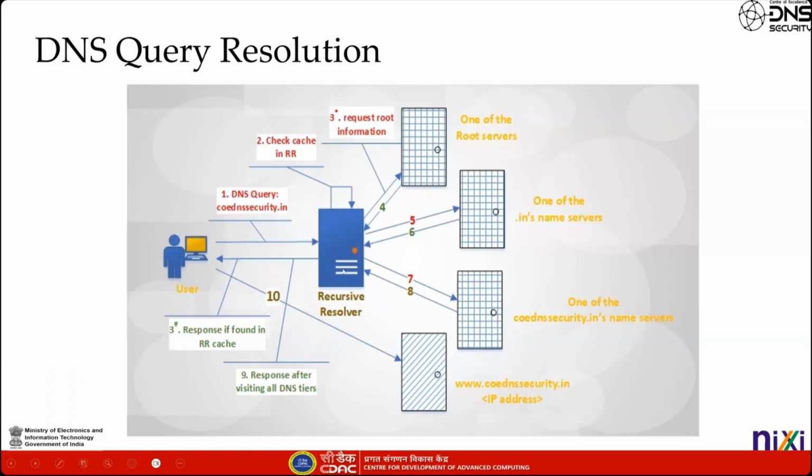As explained earlier, the query moves forward to the root name server if no response is found. Likewise, to the TLD name server and the authoritative name server following the DNS hierarchy. Once the user gets the IP address of that particular domain name, it will go to the web server for that particular website.